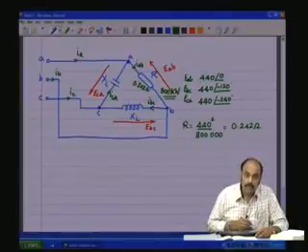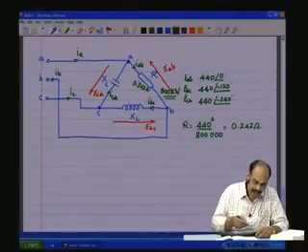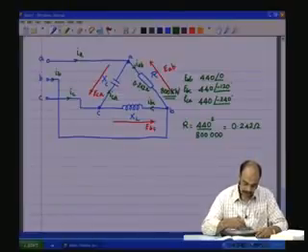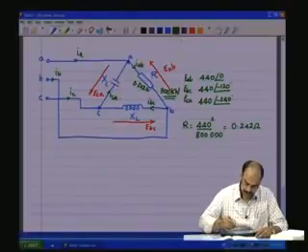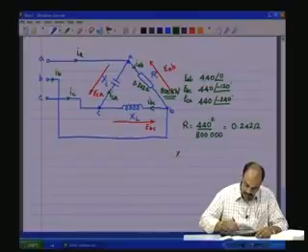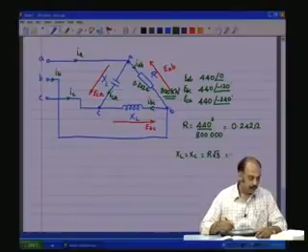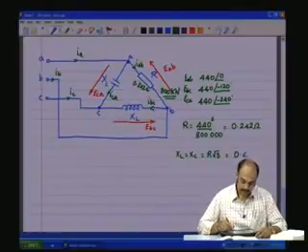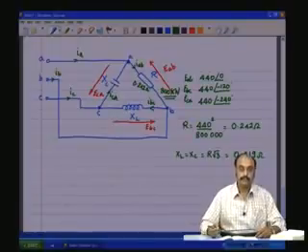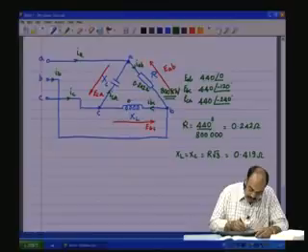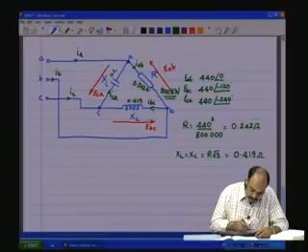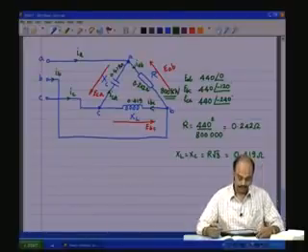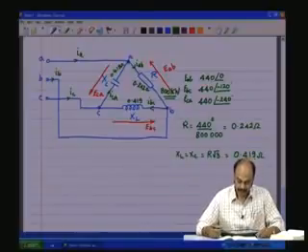And now, what should be the value of XL and XC? XL equals XC should be equal to R root 3, and that is 0.419 ohms. So, we put here 0.419 ohms, 0.419 ohms here also. One is capacitive, one is inductive.